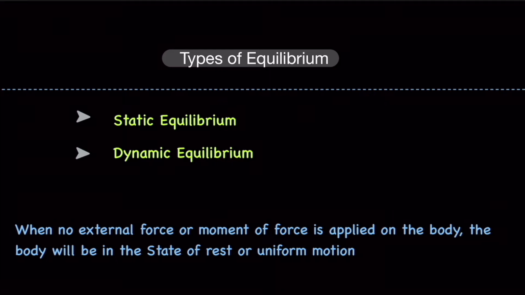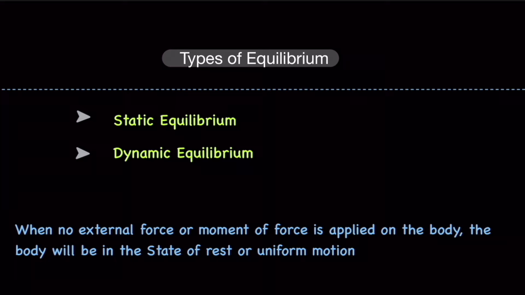Like you see, if we put the notebook on the table and the book is at rest, at that time it is a static equilibrium. Means the book is not changing position because no external force is acting on it. Second, it is not rotating because no net moment of force is acting on it. So this type of equilibrium is the static equilibrium.